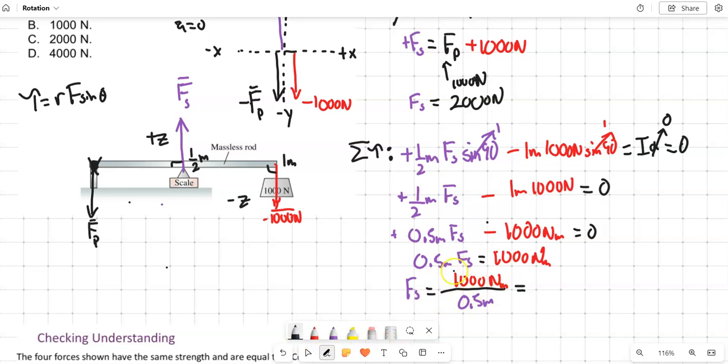And 1,000 divided by 0.5 is basically 1,000 times 2. So this works out to be 2,000 Newton meters, and that is what F sub S is going to be equal to.